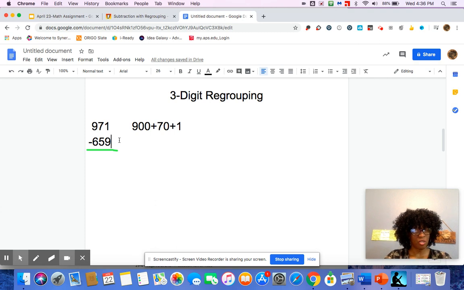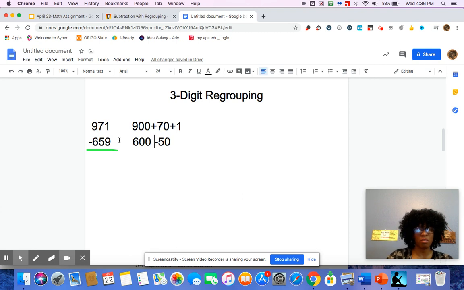Okay, so let's do the same down here. And we are going to put our 600. Then, because we're subtracting, right? And I'm going to show you why it's important for it to look like that in just a second. And then we're going to put 50, which is what that 5 represents.